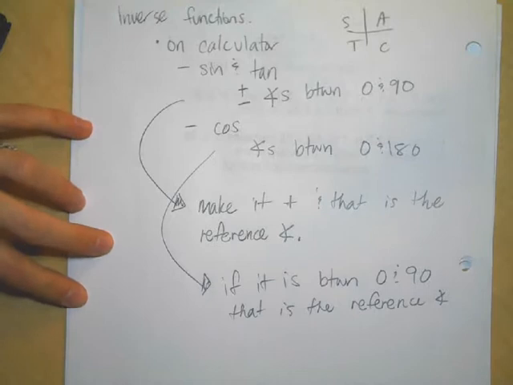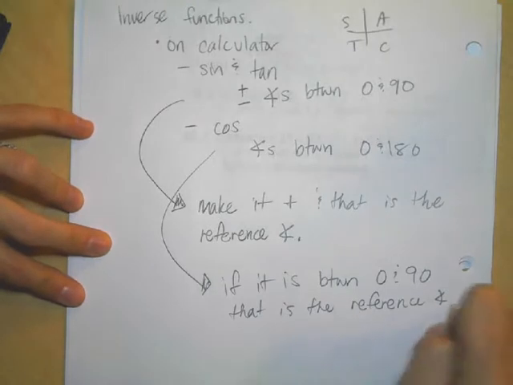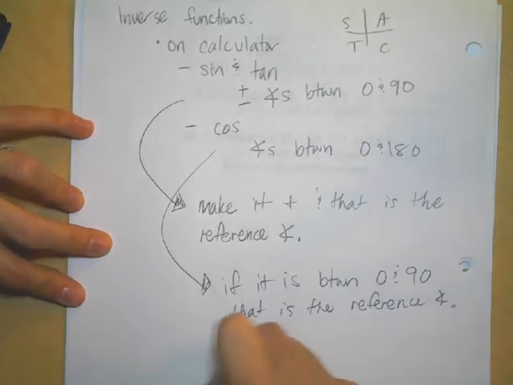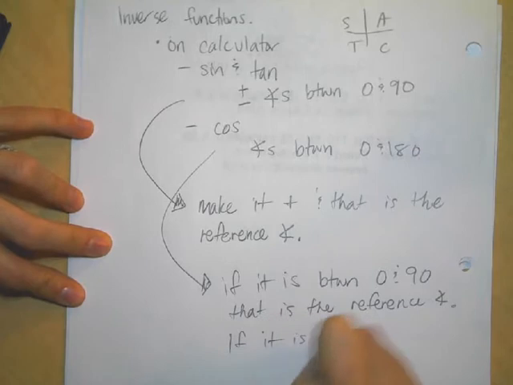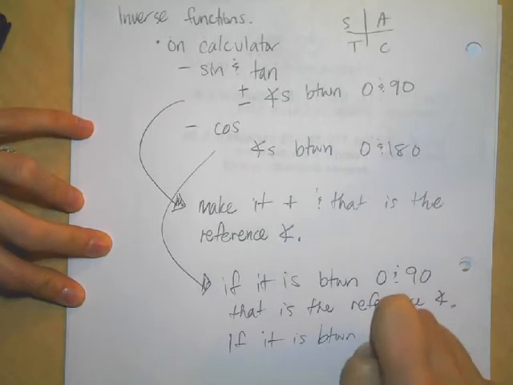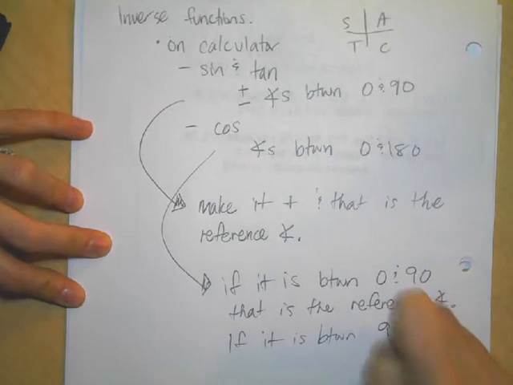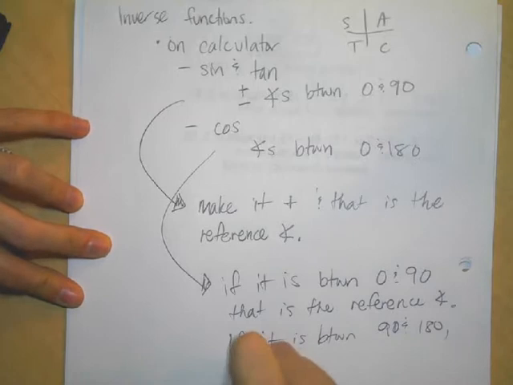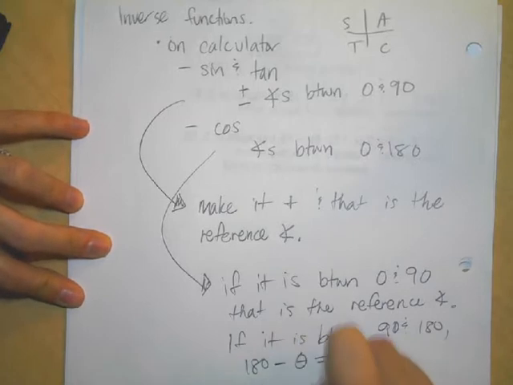If it is between 90 and 180, you use 180 minus the angle, and that will give you the reference angle.